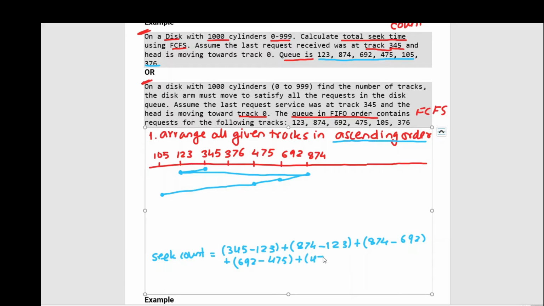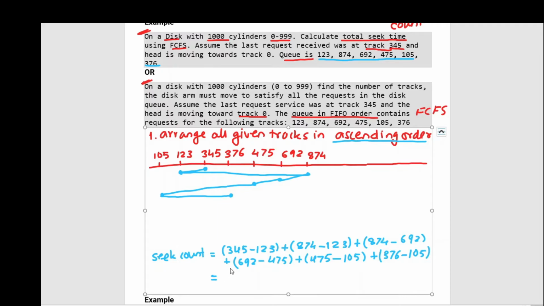So 475 minus 105 plus, from 105 we are going to 376. So higher track minus lower track.